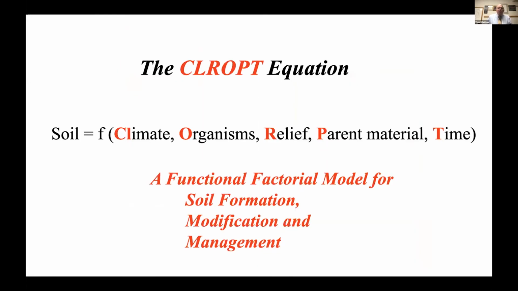Hans is known for the so-called CLORPT equation: soil is a function of climate, organisms, relief, parent material, and time. This is a functional factorial model for understanding soil formation, modification, and management.